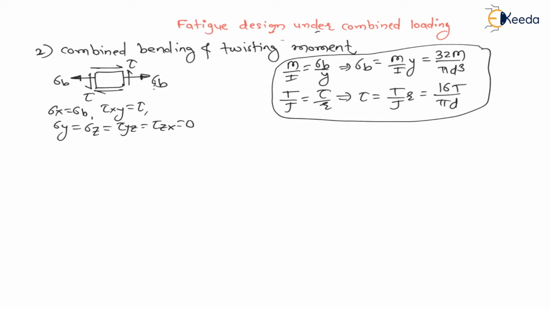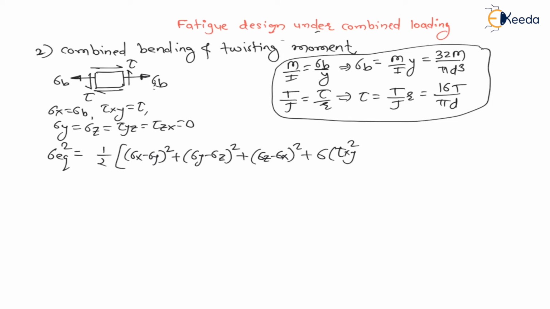Now put the formula, that is sigma equivalent square is equal to 1 half in bracket (sigma x minus sigma y) whole square plus (sigma y minus sigma z) whole square plus (sigma z minus sigma x) whole square plus 6 times (tau xy square plus tau yz square plus tau zx square). Apply this formula. Now put the values.